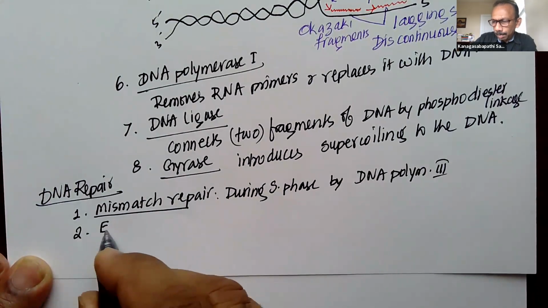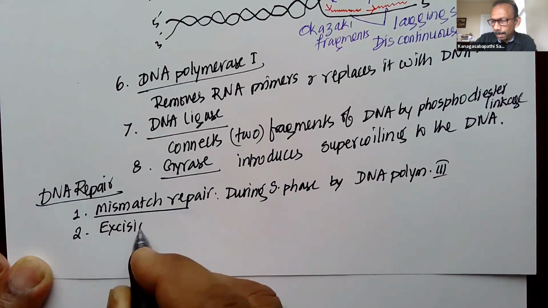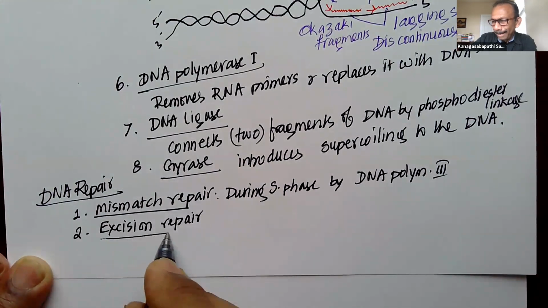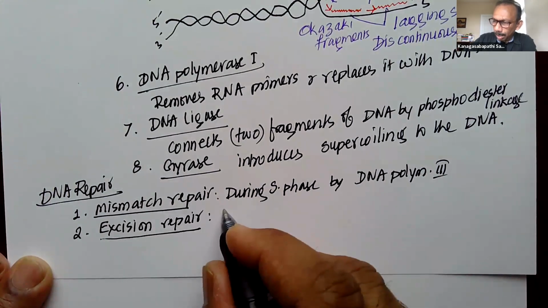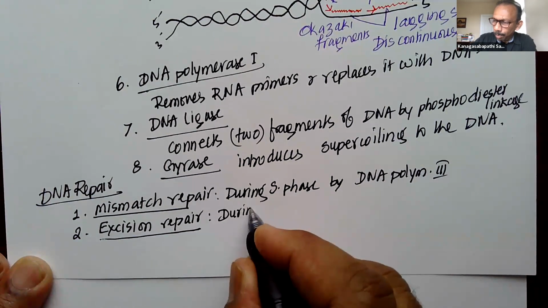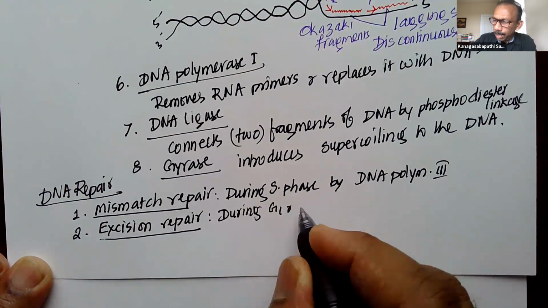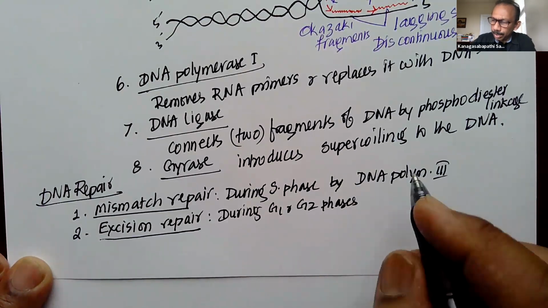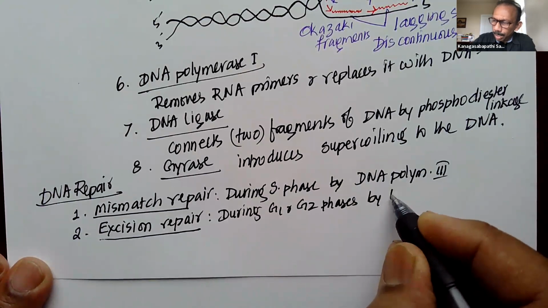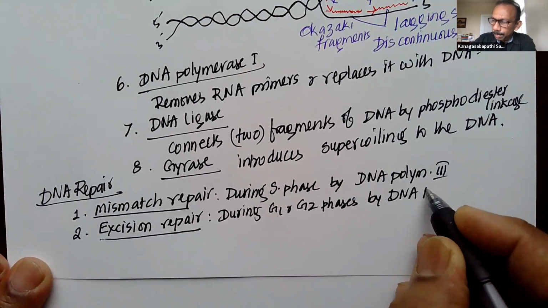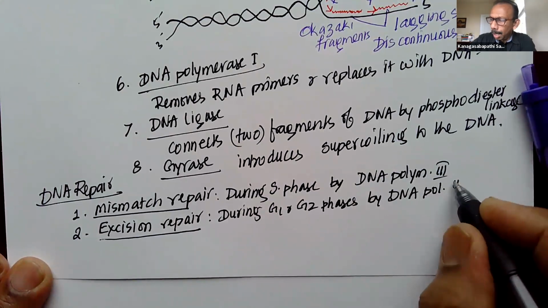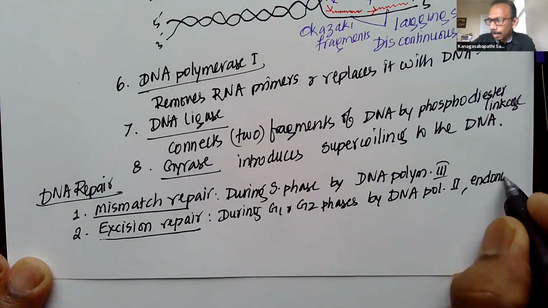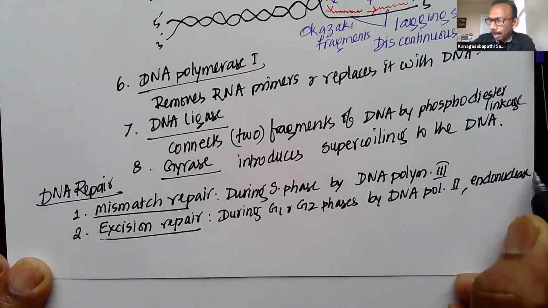And the next type of repair is called excision repair. Excision repair is during the G1 and G2 phases. After the DNA replication is done, this is where the DNA polymerase 2 comes in, and also endonuclease and ligase.